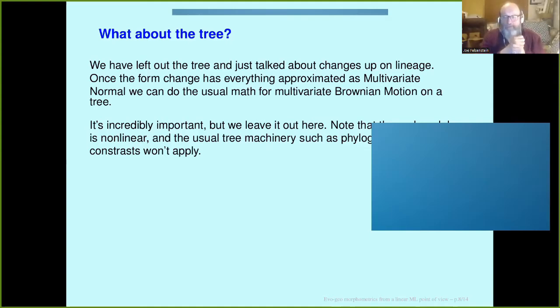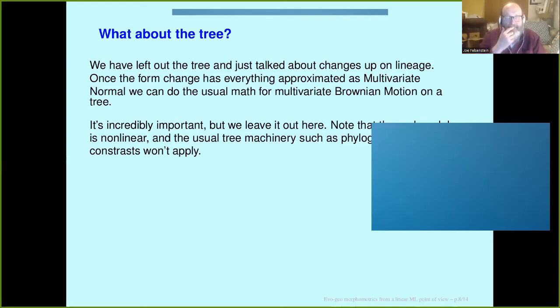I have to say that morphometrics has been slow about taking into account phylogenies. But in recent years, in the last couple of decades, there's been a gradually increasing interest in that. And I take it that the center whose symposium this is going to do a lot of that.